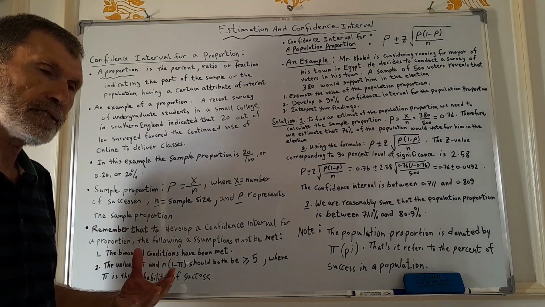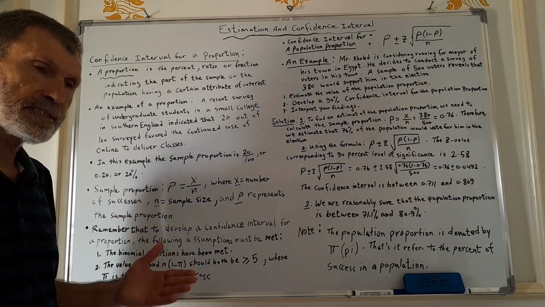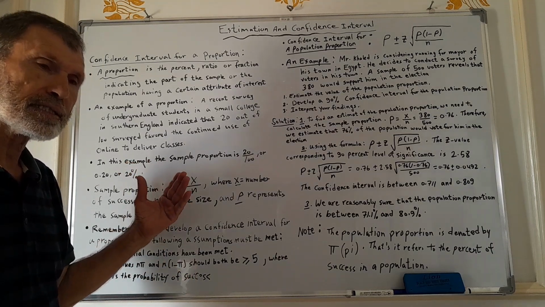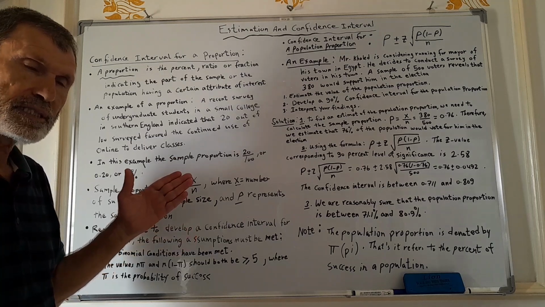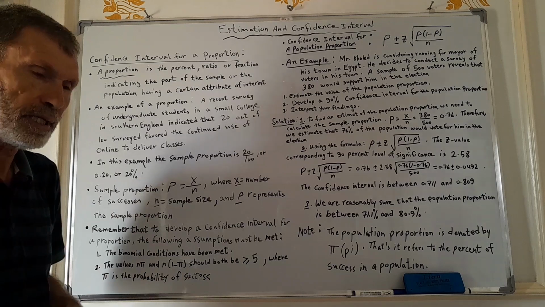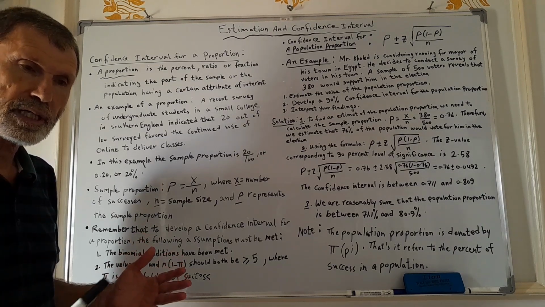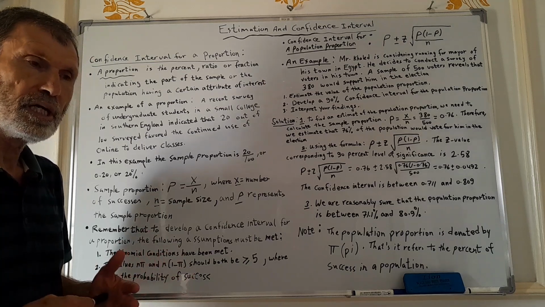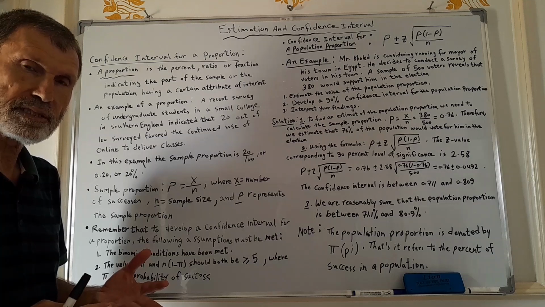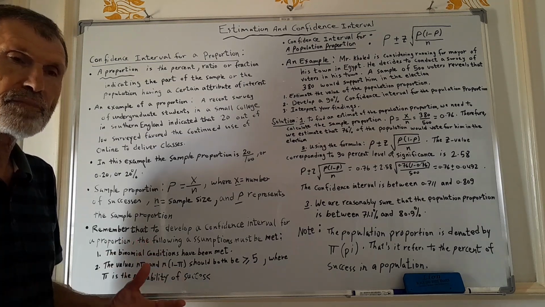Let me just state some of them. We have already stated them when we talked about discrete random variables in a previous lesson. We said that a binomial assumption consists of certain characteristics. First of all, the random sample counts the number of successes in a fixed number of trials.